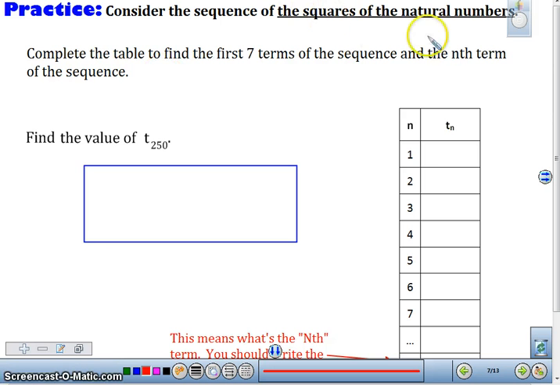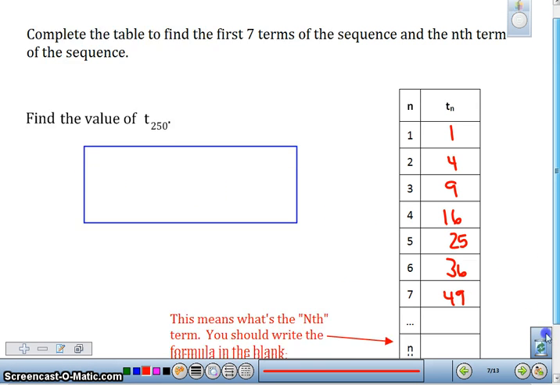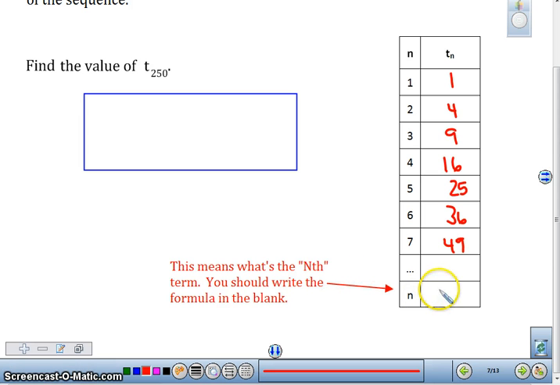It says consider the squares of natural numbers. So complete the first table of squares. Think about your square numbers: 1, 4, 9, 16, 25, 36, 49. What if we want to find the 250th? Well, what is our pattern? What is the nth term? What did we do each time? We took 1 squared, 2 squared, 3 squared, 7 squared.